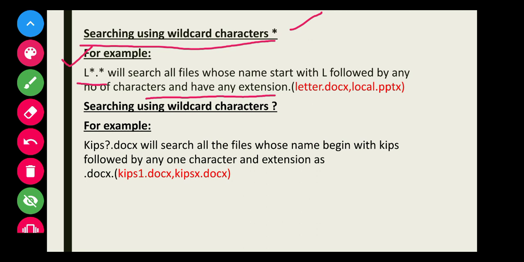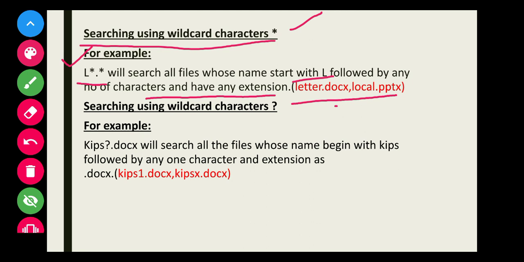So what is the meaning of this? L asterisk dot asterisk means it will search your files whose name starts with L followed by any number of characters. It can be 1 character, 2, 3, 4, 5 and so on, and it should have an extension. Here I have taken the example letter.docx.